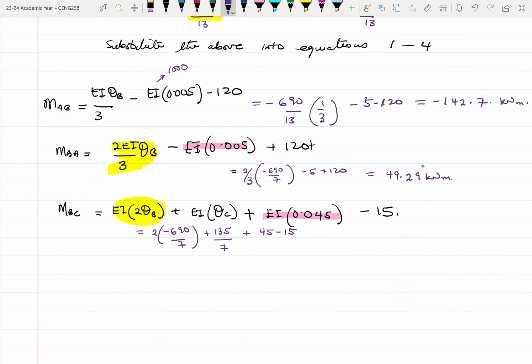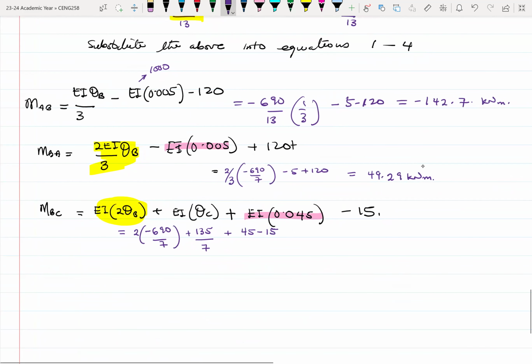So here, over 13, this will give us 79.62. And let me correct this one. So this is 13 here. This is minus 45 over 13. And this will give us minus 79.62. Right.